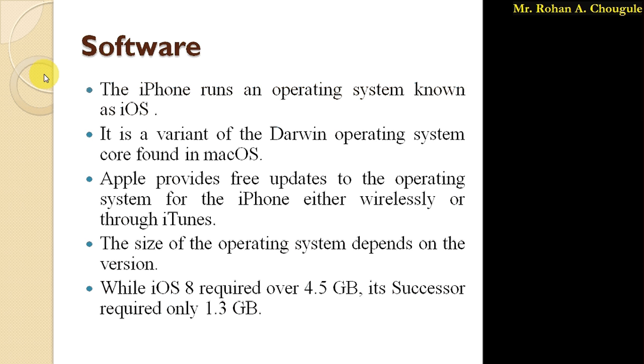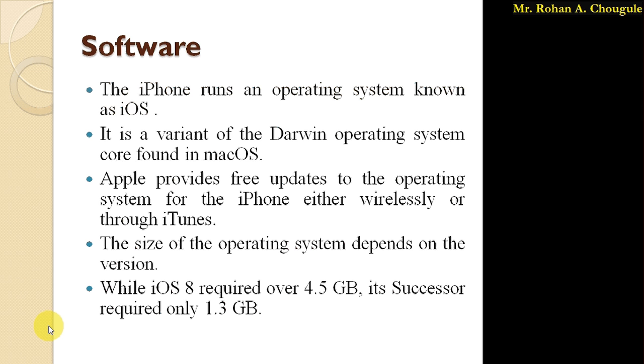We can update this operating system, the iPhone system, either wirelessly or with the help of iTunes. The size of the update depends upon which version of iOS you are going to update.